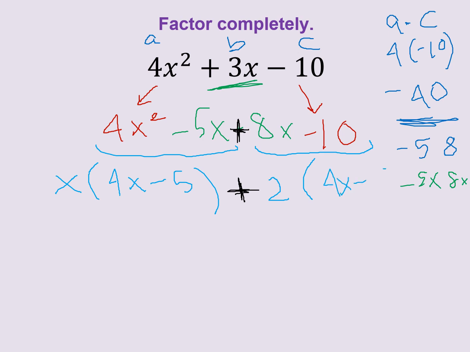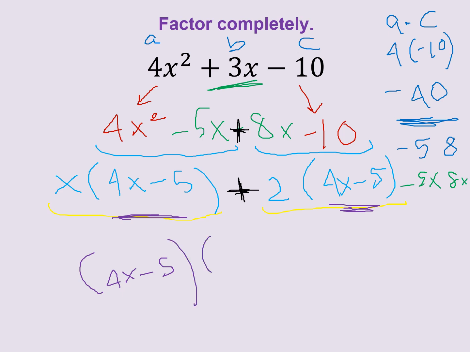So now I need to look at these two big halves. I've got this half right here and this half right here. And I say, what do they have in common? And I can see that they each have a 4x minus 5 in common in parentheses. So I'm going to take that 4x minus 5 in parentheses and put it on the outside of my parentheses.